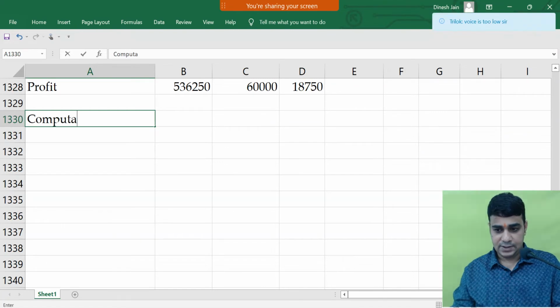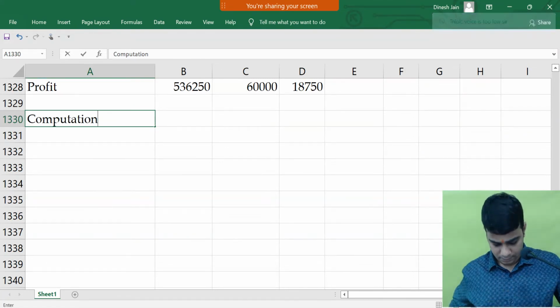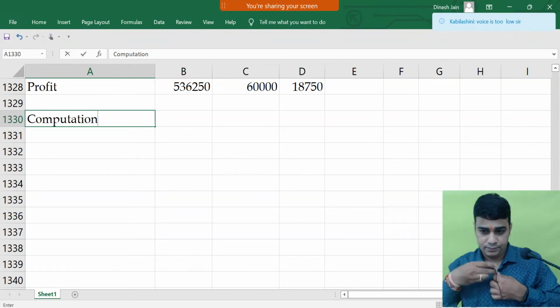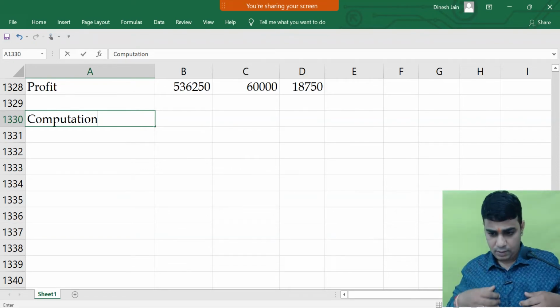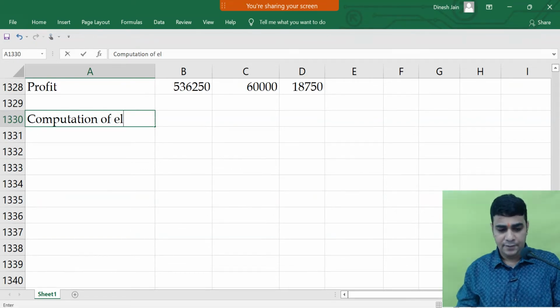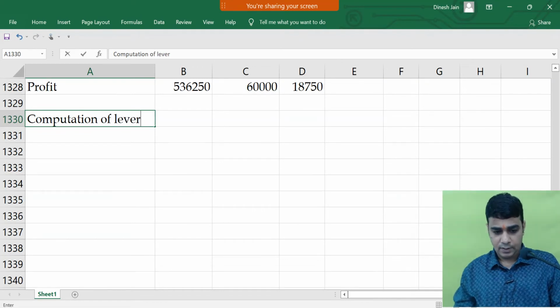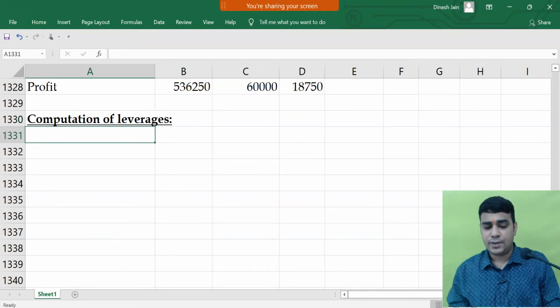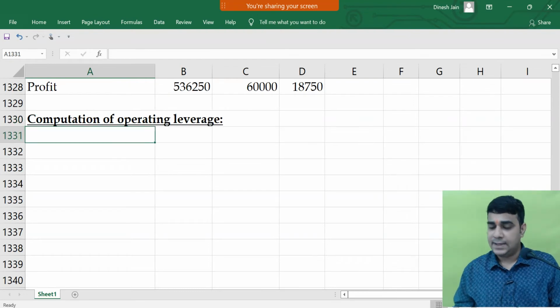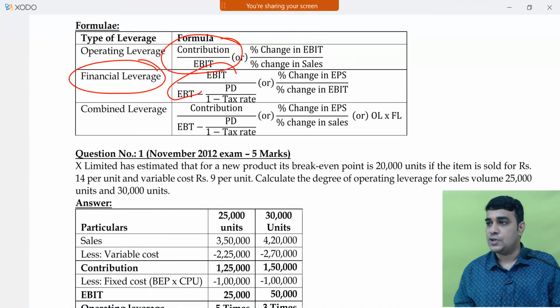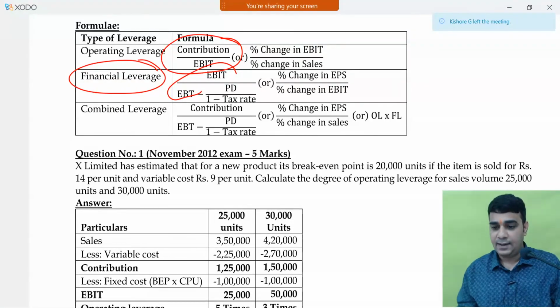Computation of leverages. We are required to calculate the operating leverage for 25,000 units and 30,000 units.